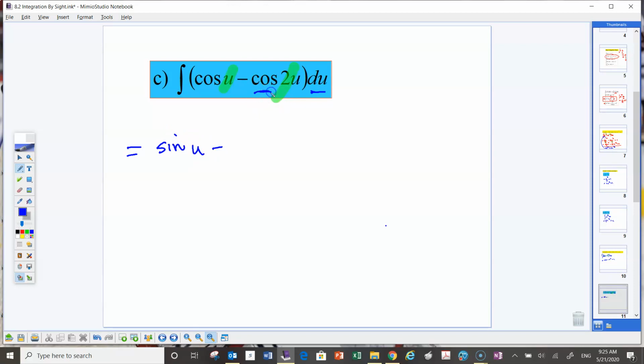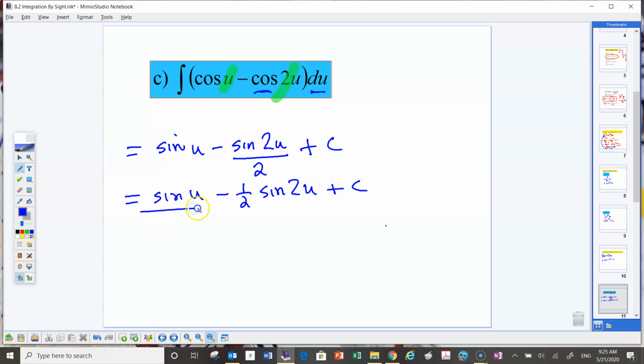Well, first of all, I take the integral of cos, which would be sine 2u, but then I have to divide by the derivative of 2u, which is 2, plus a constant. So my answer would be sine u, I'm going to bring that 1/2 out front, minus 1/2 sine 2u plus a constant, and that would be the final answer.